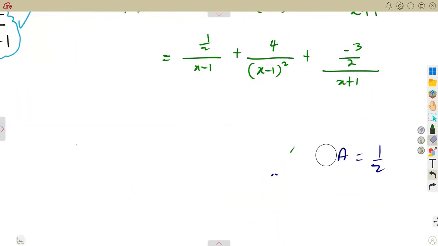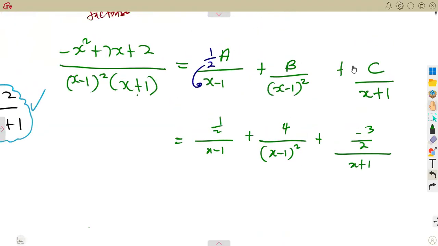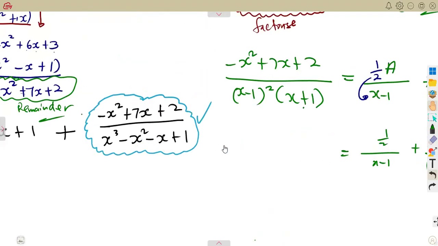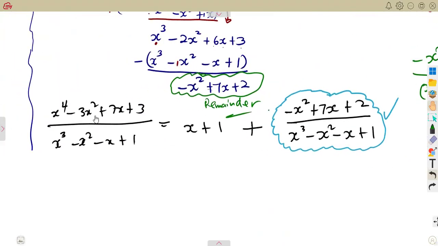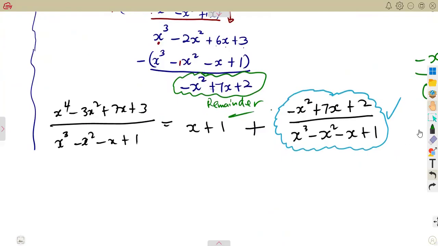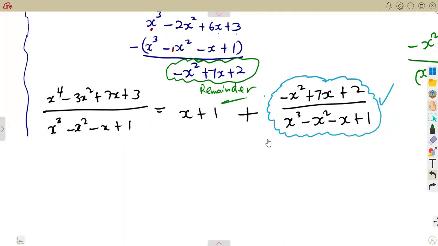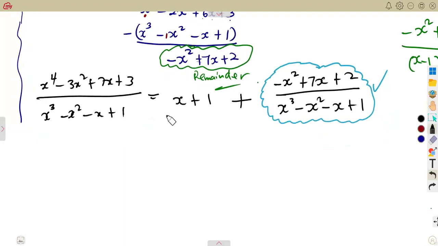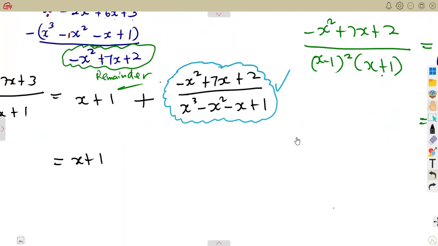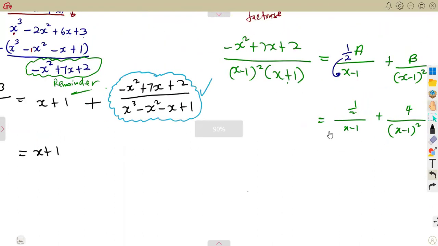So this is it. Remember, to express this into our partial fractions, it was because we wanted to integrate this. This is the whole part that we had, and we now expressed this into our partial fractions. So meaning to say, in actual sense, we are supposed to write this as X plus 1 plus this remainder that we got, and this remainder now expressed into partial fractions.